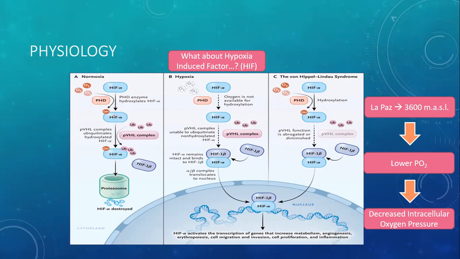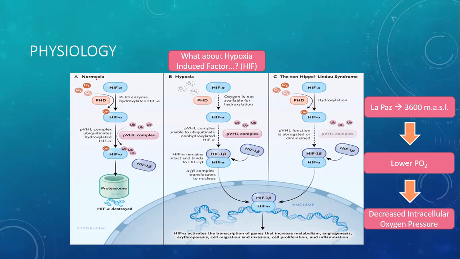HIF actually has two main components, as you might have read. It has two smaller subunits, which are HIF alpha and HIF 1 beta. That's how you pronounce these Greek letters: alpha, similar to Spanish, and beta.